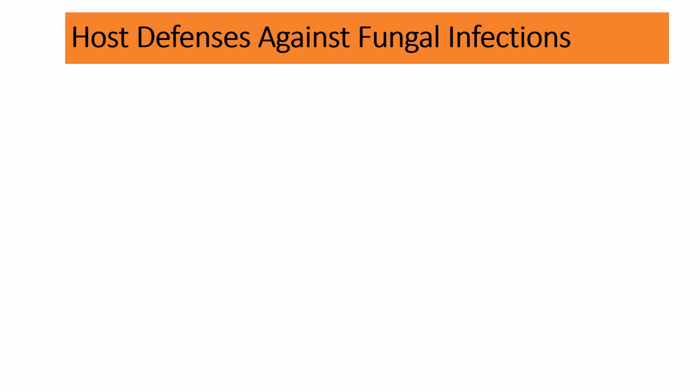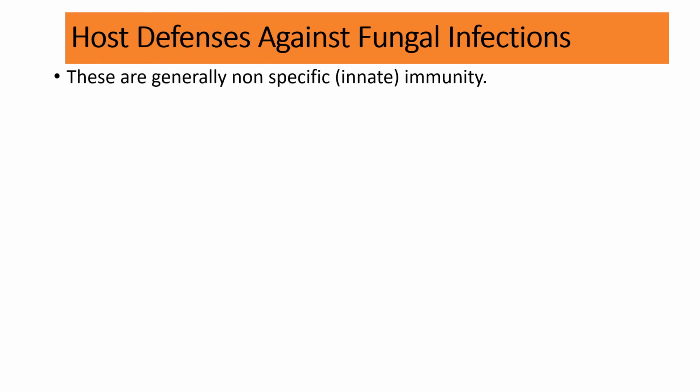Now, for any agent that causes disease in the body, host defenses usually try to protect the body against such a particular agent. In the case of fungi, we have the host defenses that also act against fungal infection. So host defenses against fungal infection generally involve the non-specific or innate immunity.